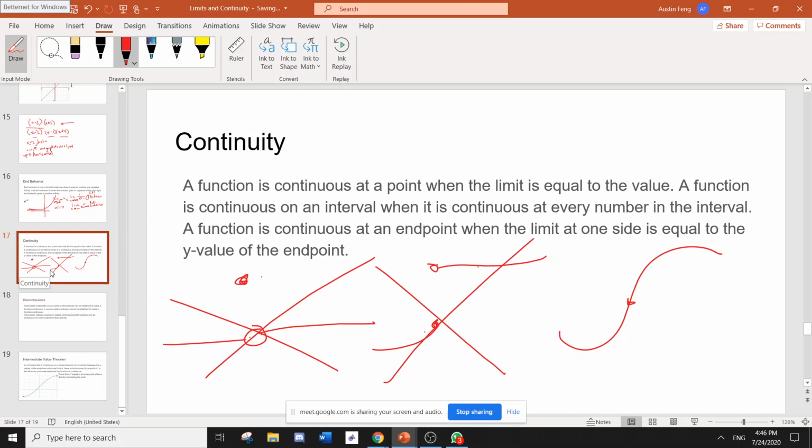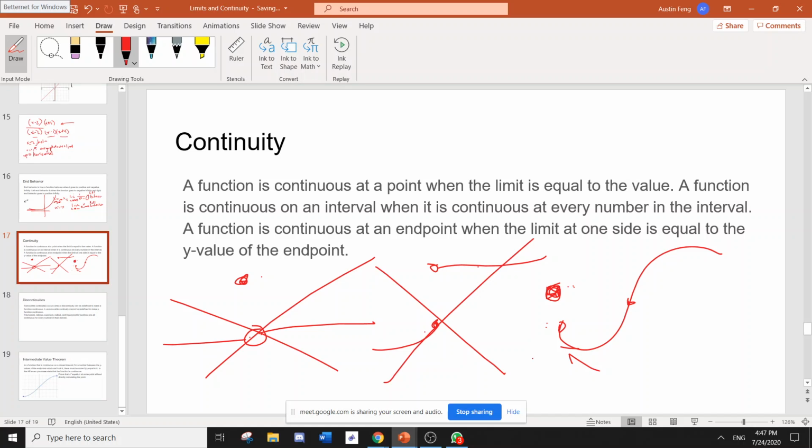Then let's look at the endpoints. Let's take this function again. On the left endpoint, let's say we redefine the value over here, and there's a hole. The limit from the positive side is this point over here, but the actual value is this point. So it's not continuous at the endpoint.